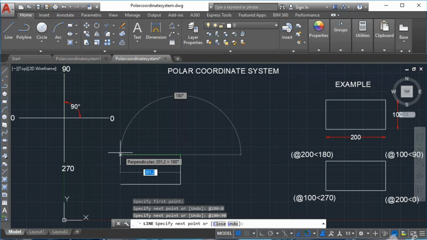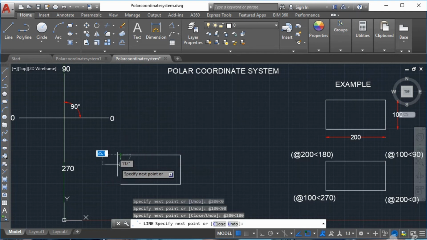So again I am repeating the same syntax. I am typing the @ symbol and 200 mm length and less than. Here the angle will be how much? 180 degrees. I am typing 180 and pressing enter. See, now we got this coordinate. Same we repeat for the next coordinate.